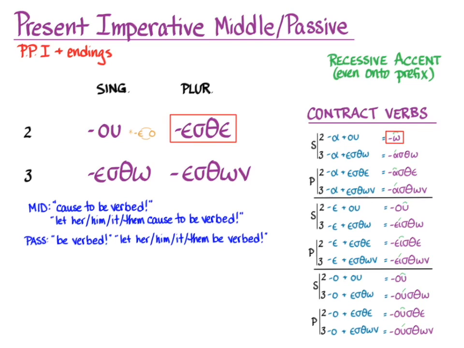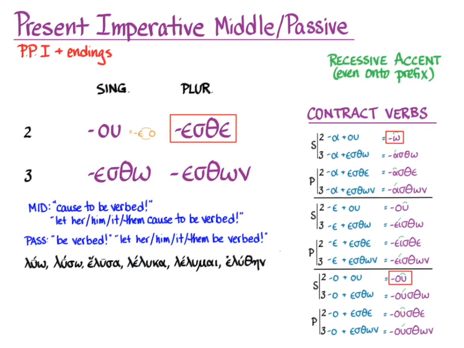Also, in the omicron contract verbs, that second person singular -ou is only different from the active imperative second person singular because of the accent. In the active, the accent doesn't end up falling on the ending. In the middle or passive, it does fall on the ending. So there you've got both possibilities, but the accent can help you distinguish which is which.